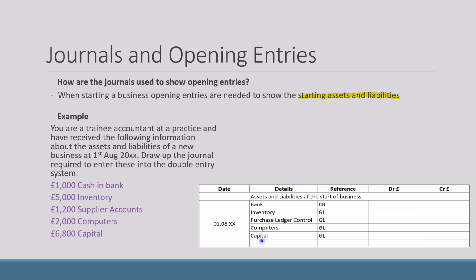Now before we get started here, it's worth just saying that the capital account here is a little bit like a balancing account, because you've always got to have your accounting formula balancing. So to do that, you quite often have to have a balancing figure, and in this instance you can create the capital account by using that.